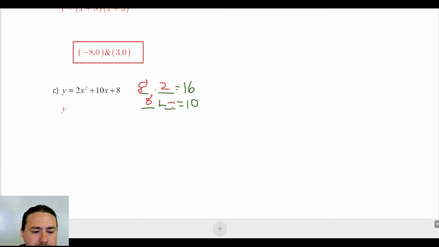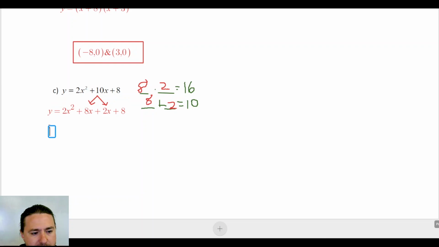And so we can rewrite this as 2x squared plus 8x plus 2x plus 8. A lot of 2's and 8's in this one. Okay, so basically what we've done is we've split up this middle term, and this is just what you have to do to factor by grouping here. And so the next step is going to be to group the first two terms and the last two terms.